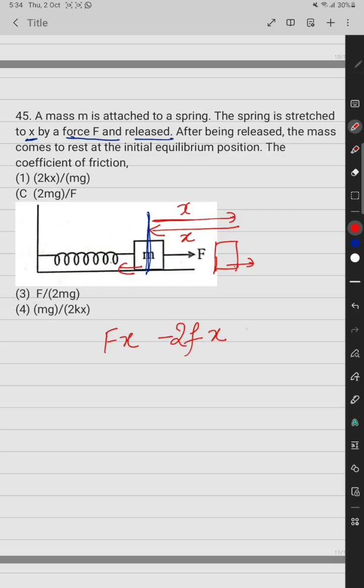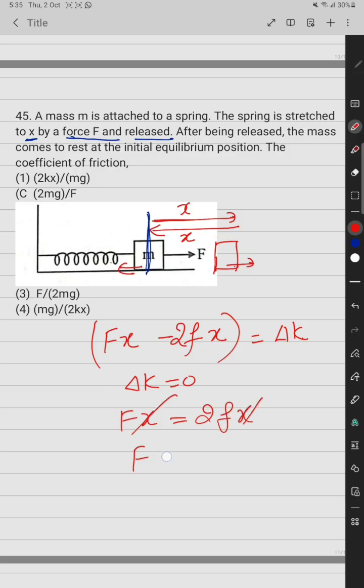that is minus twice of fx, and the total work done on the block is equal to the change in kinetic energy, and the change in kinetic energy equals 0. So F into x equals twice of friction force into x. Therefore F equals twice of friction force, and friction force equals mu into mg.